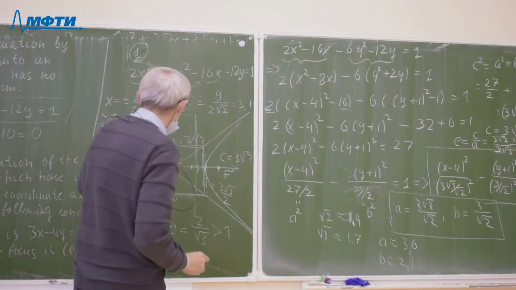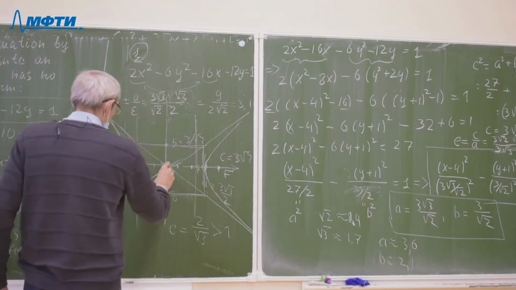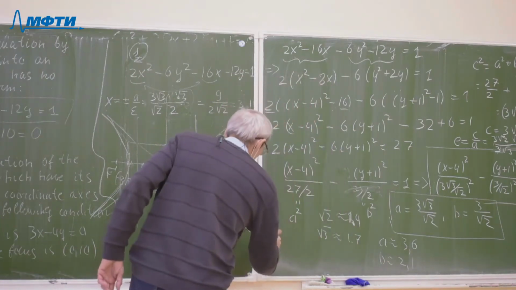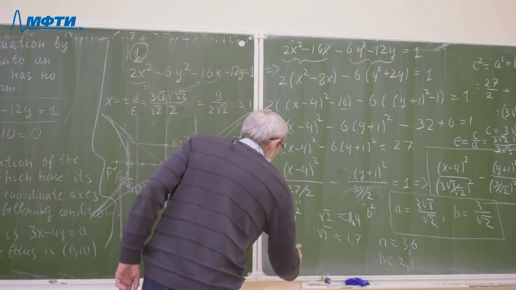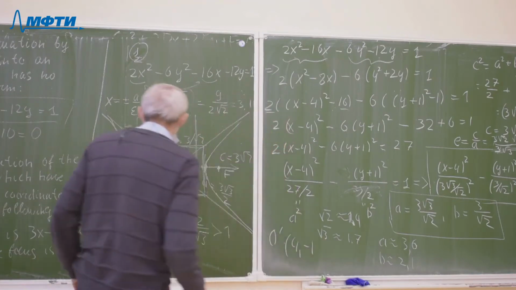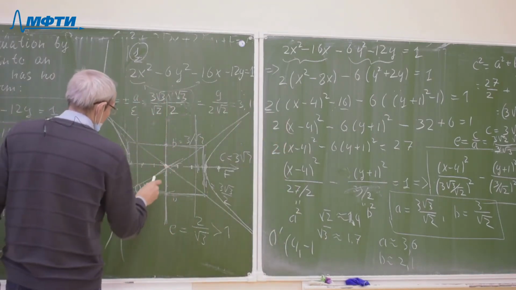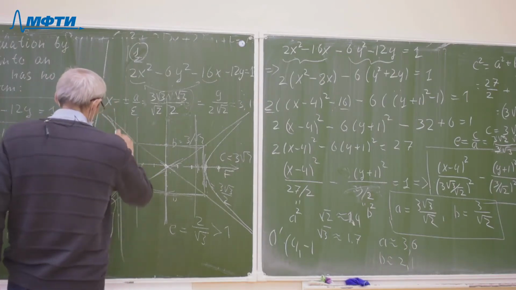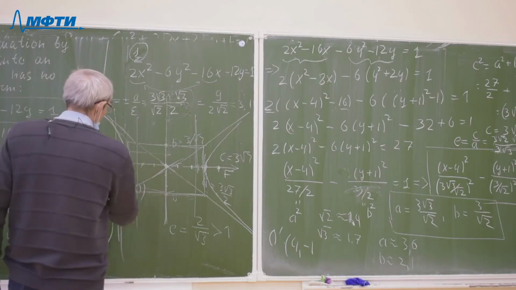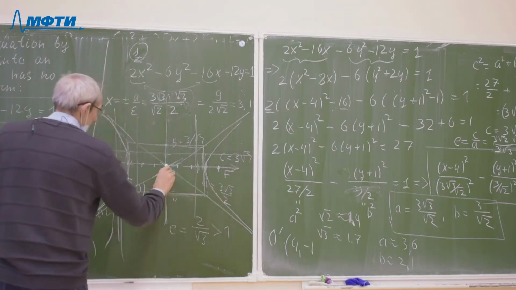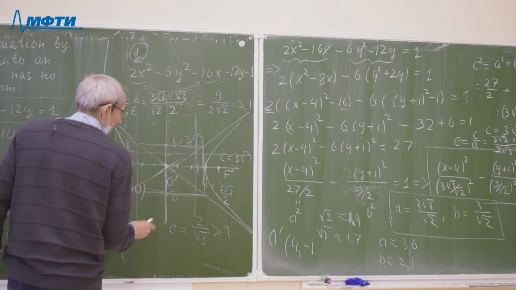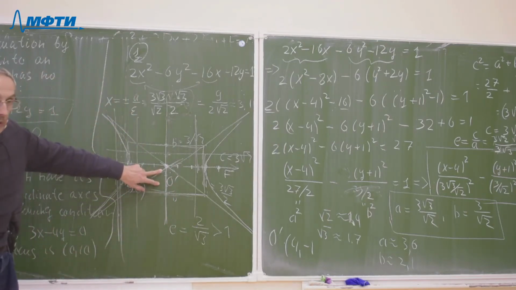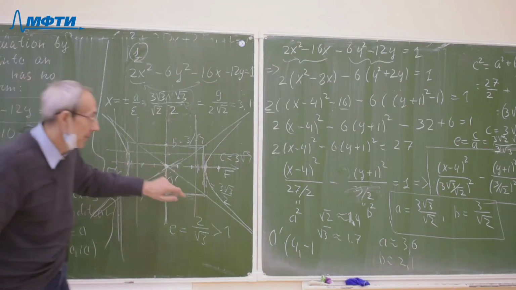The center O prime has the coordinate 4, -1. 1, 2, 3, 4, and -1. This is the coordinate in the new coordinate system, x prime and y prime.